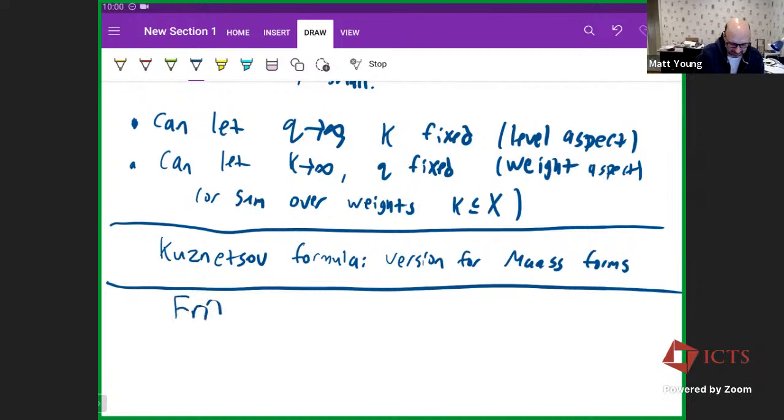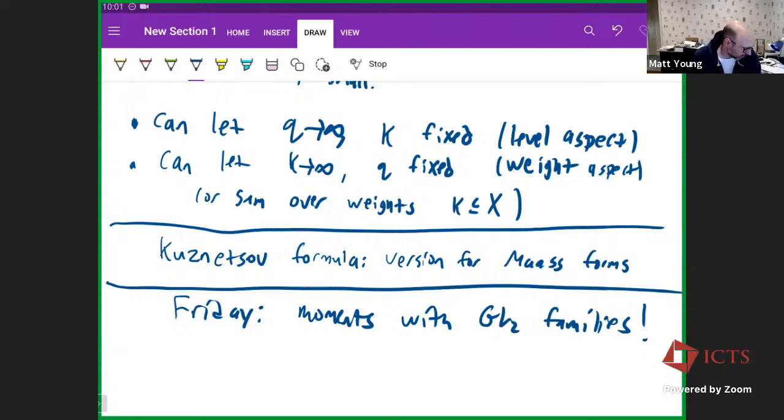Friday is a sneak preview: I'll talk about some moments with these GL2 families. So I'm going to stop here, let you go home, and I'll see you on Friday.